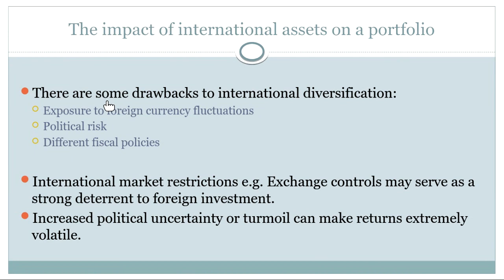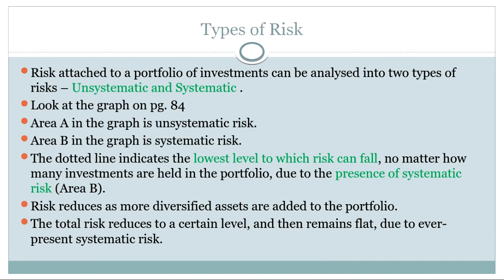So the drawbacks to international diversification are that in that case, we're then exposed to foreign currency fluctuations, to political risk in countries other than just our own country, and then also different fiscal policies, which means that the other countries' interest rates can change differently to our own country's interest rates. So you've got political uncertainty, exchange controls, and various other things like that as well.